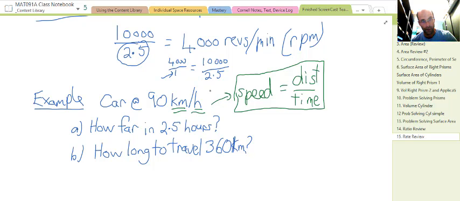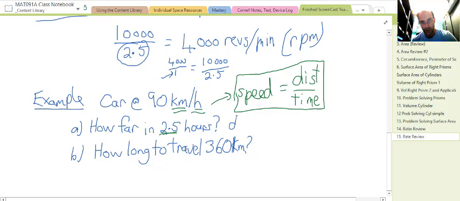If we had to do two things regarding this rate, part A is the first one. How far will it travel in 2.5 hours? We look at our speed, 90 kilometers every 1 hour. In 2.5 hours, there are 2.5 lots, or 2.5 groups of that 90 kilometers. So it's a case of groups of, meaning multiplication.